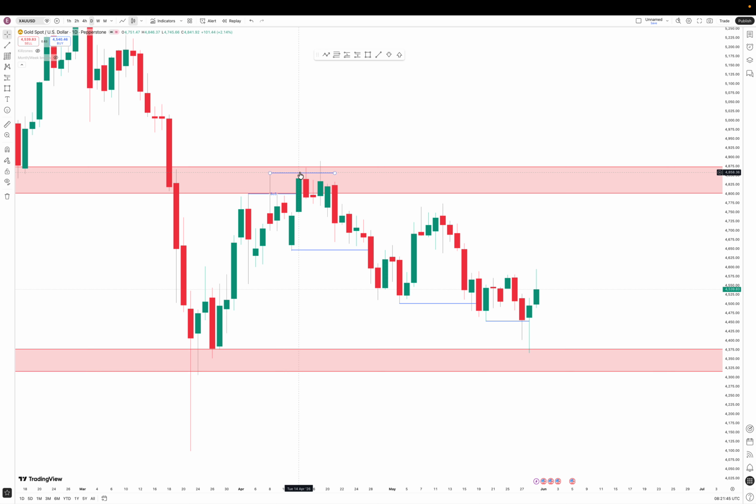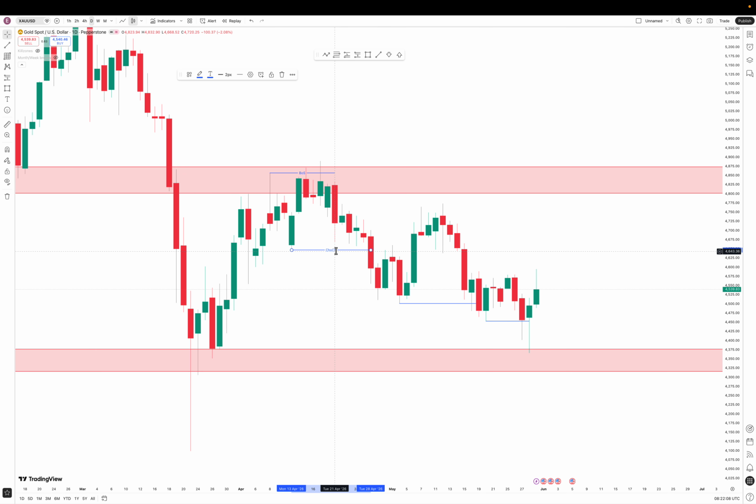Since we got the break of structure here, we'll consider this our recent break of structure. If you even go down to the lower time frame, you confirm the structure break. Here we saw a market change of character, because this was the last candle that changed the structure here. This initiated everything.